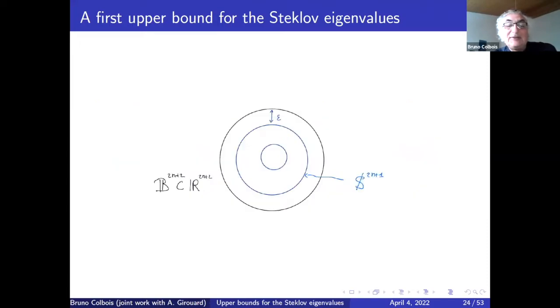So this is a very symbolic picture. You see, it's a ball of dimension 2n plus 2, of even dimension. So what is important is that a ball of even dimension is foliated. The boundary is a sphere of odd dimension, and you have a foliation of a ball by spheres.